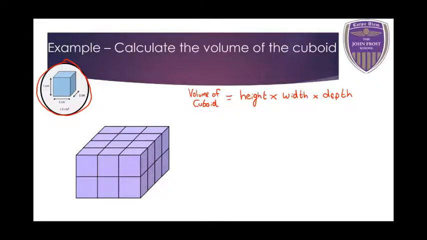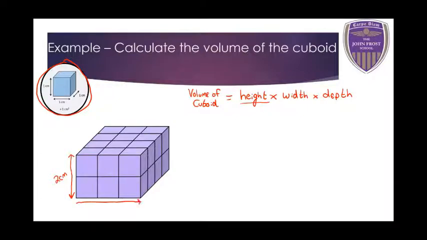First things first, let's find the height of this cuboid. I can see that the cuboid is 2 cubes high, and I'm told that one cube is 1 centimeter high. Therefore, this shape is 2 centimeters high. But what about the width?